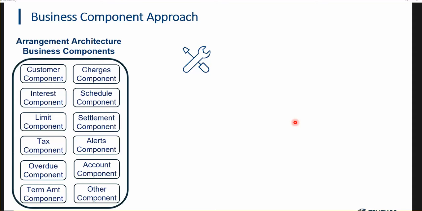You can access the business components from the property class. It will show you what business components are in that particular product, like customer, schedule, account, tax, term amount. These are all business components, property classes, given to you by Temenos.